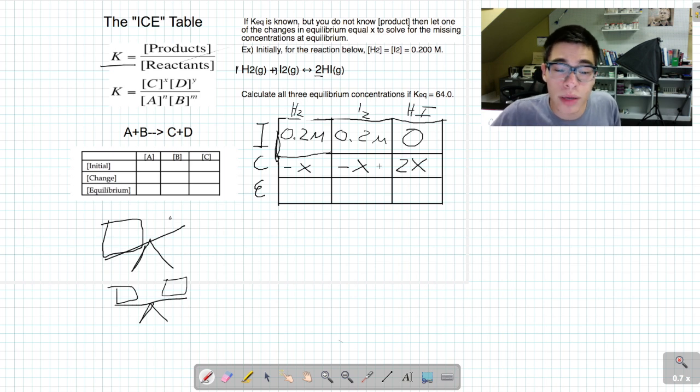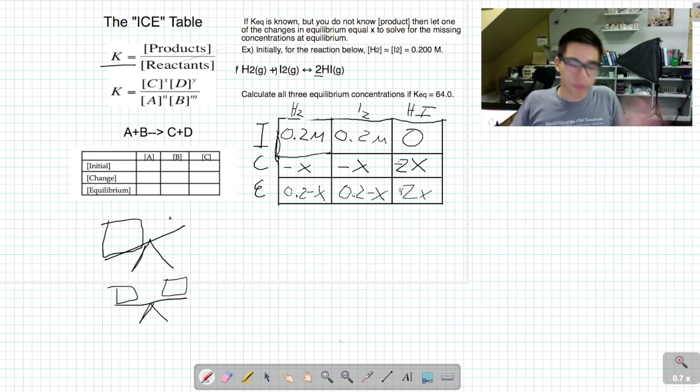So what is our equilibrium? Well, 0.2 minus x for H2, and 0.2 minus x for I2, because we're going to lose some of our concentration. And 0 plus 2x for HI, so plus 2x.